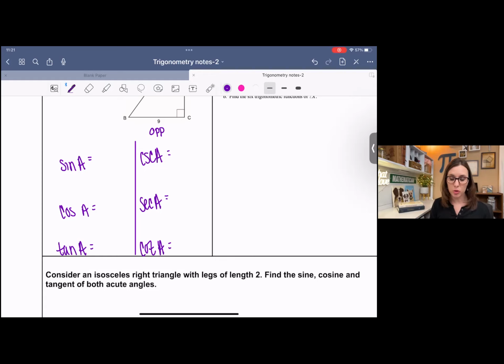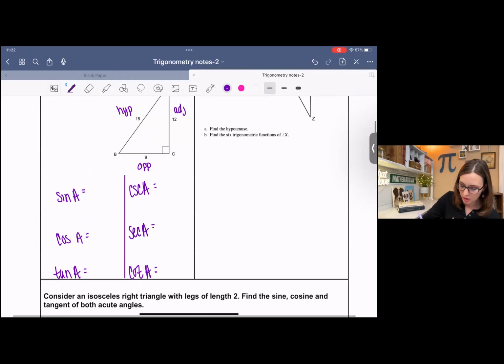Sine A, remember SOHCAHTOA, SOH is opposite over hypotenuse. And then if you reduce by 3, we get 3/5. Cosine A, CAH, is adjacent over hypotenuse. Reduced by 3, we get 4/5.